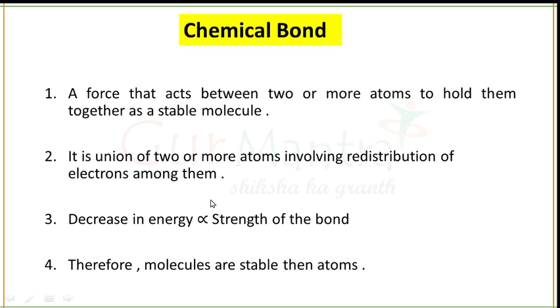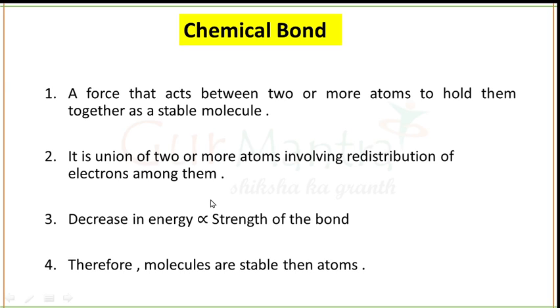Chlorine needs 1 electron to fulfill its outermost shell. Therefore, it makes a chemical bond with hydrogen, where hydrogen shares a single electron to chlorine.